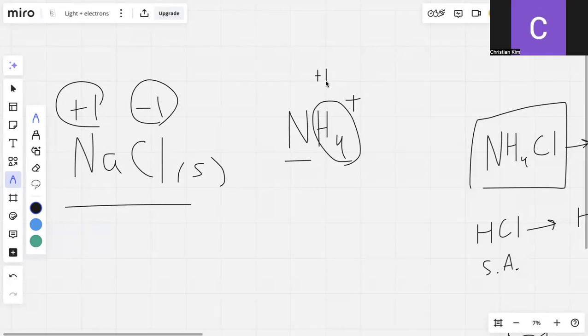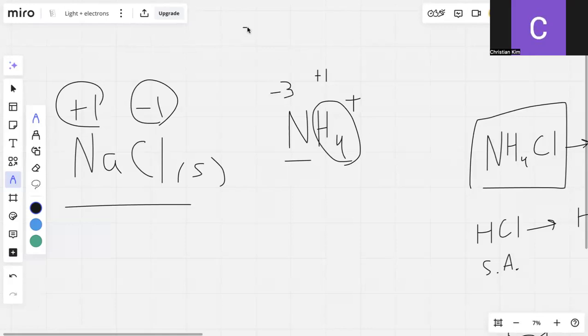So then our next question is, what's the oxidation number of nitrogen? Is it +4 or -4 to cancel out the 4 H pluses? No, because if you have -4, it's going to make ammonium a neutral compound. So it cannot be -4, but what about -3?